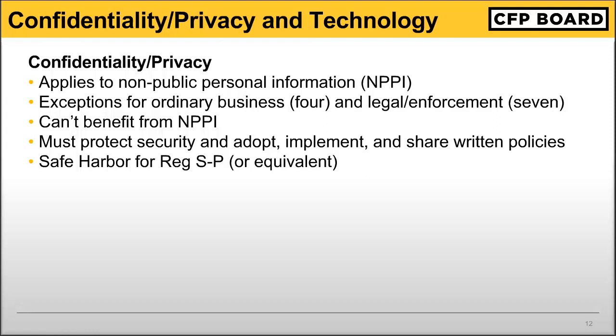So we discuss when a CFP professional may disclose that information, and we've categorized that in 2 different ways. One is for ordinary business purposes, and another is for legal and enforcement purposes. We have a safe harbor for when a CFP professional's firm is subject to, and the CFP professional complies with, Reg SP or an equivalent federal or state law or rule.